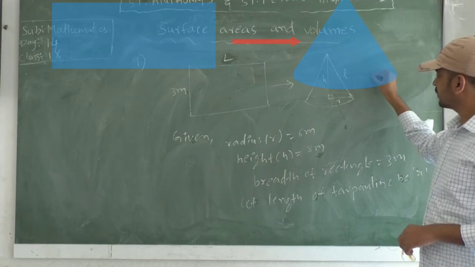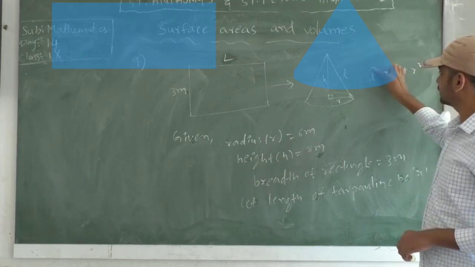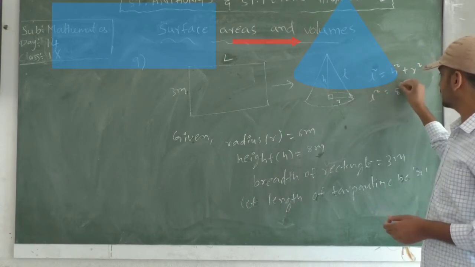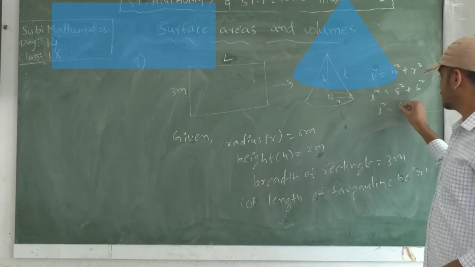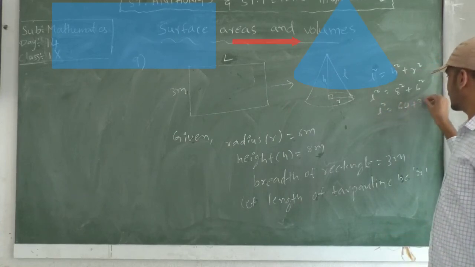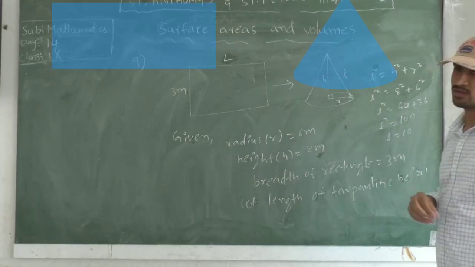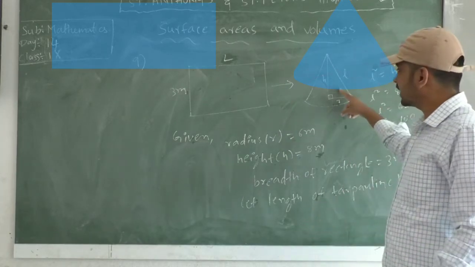L square equals 8 square plus 6 square, which is 64 plus 36. L square equals 100, then L equals 10. The root of 100 is 10.